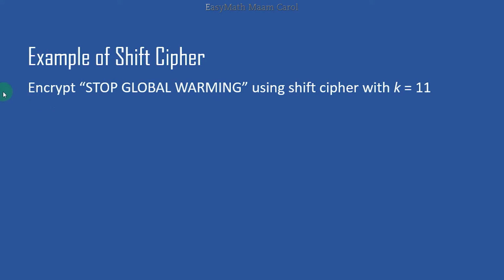Now, let's have an example. Let's do the shift cipher for the message stop global warming. At kung ako yung sender ng information, I want to use k as positive 11. Ngayon, ito ay mas magandang ipakita sa Excel.